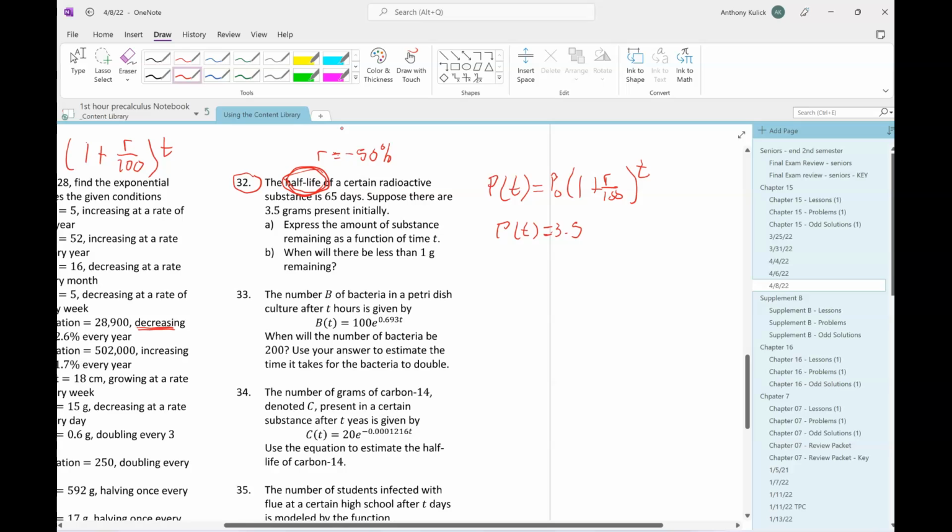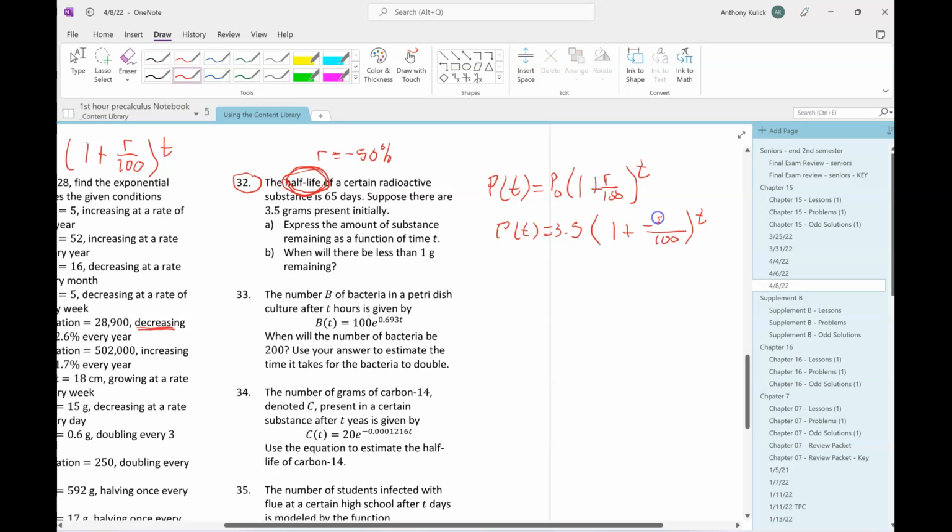So it's decreasing, so it's negative. And if I have a sale for half off, that's a 50% off sale, right? Half is 50%.